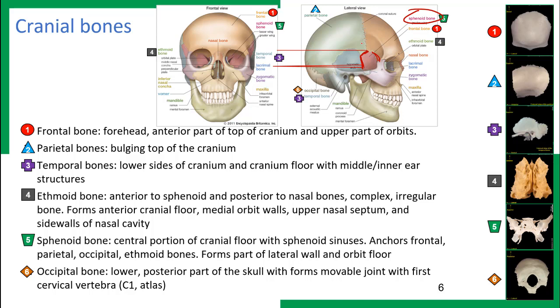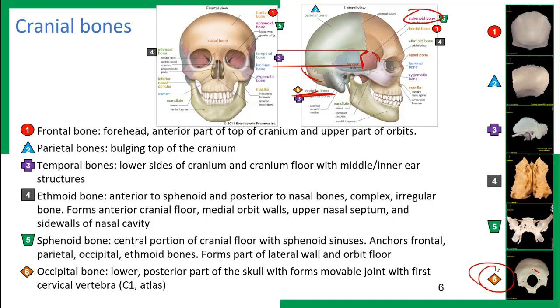And then the last bone is the occipital bone, which is right down at the back of the skull down below. So if you actually put your hair up in a low bun at the back of your head, that's where you're putting it, right on your occipital bone. If you look at the occipital bone diagram on the bottom right-hand side, you can see number 6 is the occipital bone.